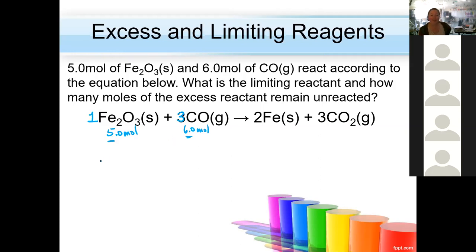So if I have 5 moles of iron 3 oxide, and it's in a 1-to-3 ratio with carbon monoxide, how many moles of carbon monoxide would I need? I would need 15 moles. Do I have 15 moles? No. I only have 6. So what's my limiting reagent?